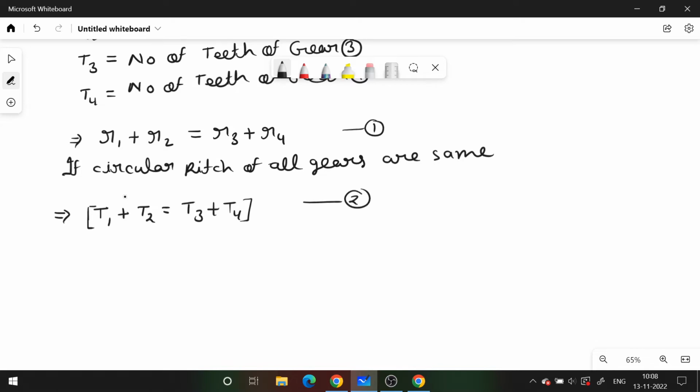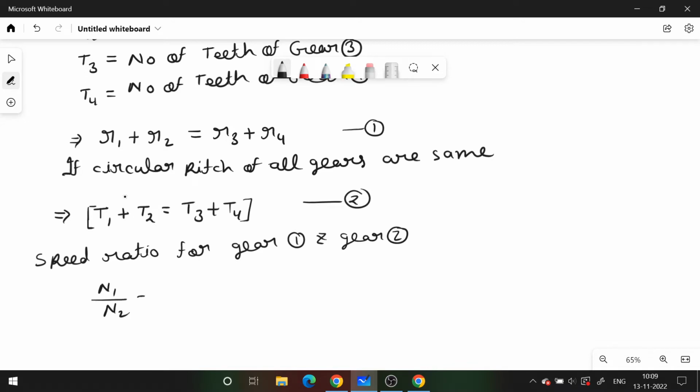Now the speed ratio for gears 1 and 2: N1 upon N2 will be equal to T2 upon T1. Equation number 3.